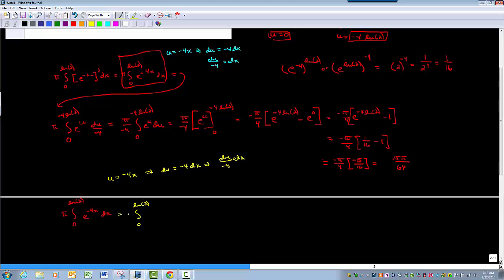And so this just kind of gets you past having to change your bounds. And so this would be e to the u, and then du over negative 4. So again, we're going to pull the negative 4 out. Everything is roughly the same. That's e to the u du like that.